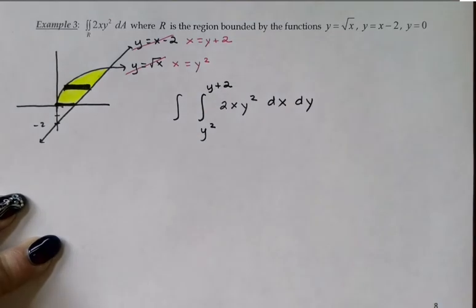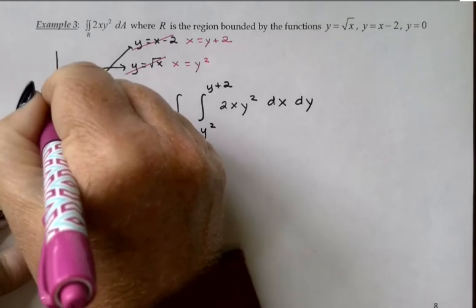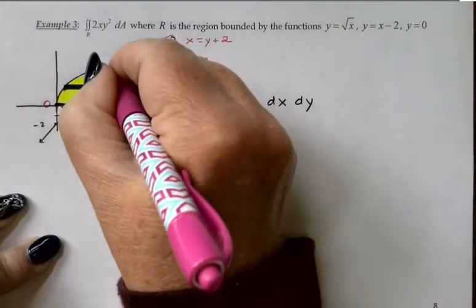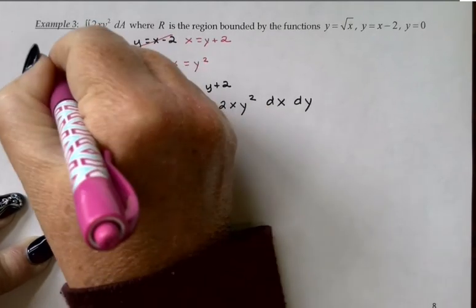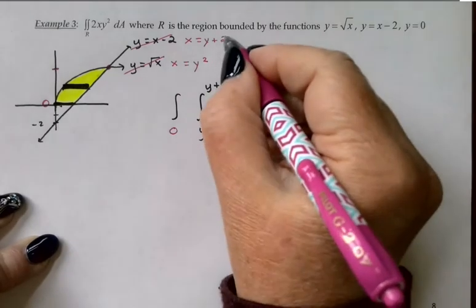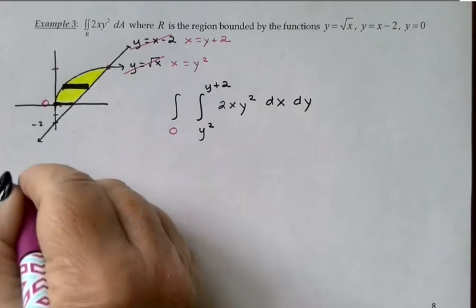As far as y values, clearly I'm going to start at y equals 0, but I'll need this intersection point to figure out the y value for the upper limit of integration. And once again, you can either get that off of a graph on your calculator, or you can set your equations equal to one another.